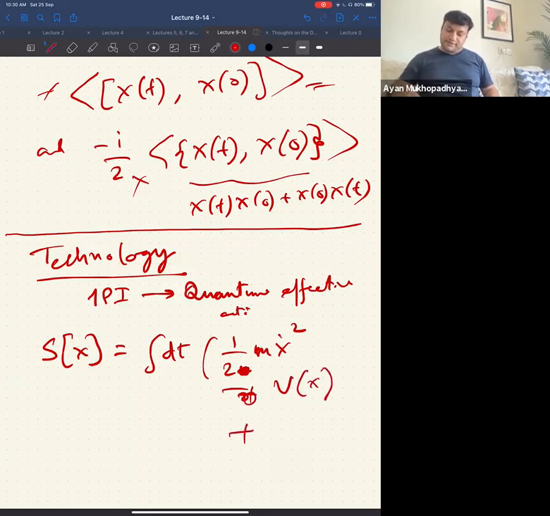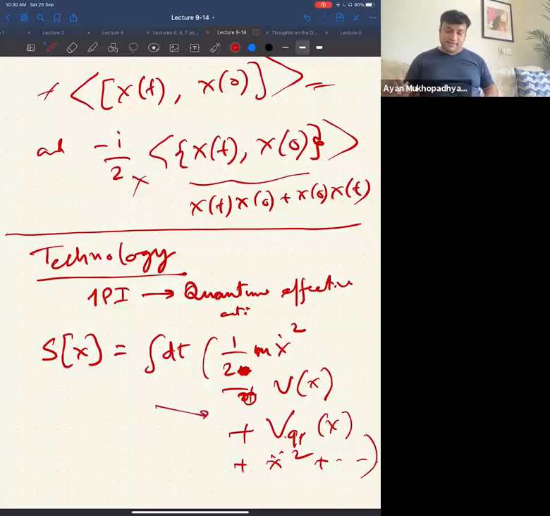Plus quantum corrections, which I call the quantum potential. But then there could also be higher derivative corrections, like x double dot squared and so on and so forth. So you will see some structure like that.